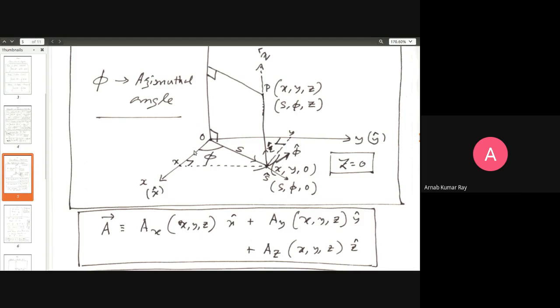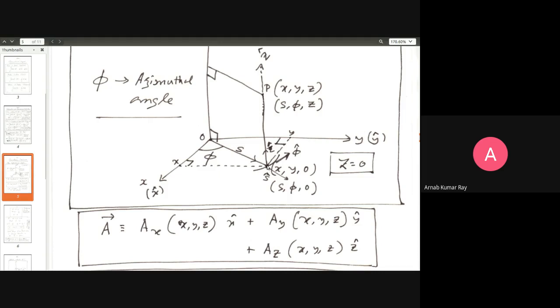So starting from this, this is 0, this is 90 degrees. So there you are. You have traveled along this path, a distance s, making an angle of 90 degrees with respect to the x-axis. So unless I specify phi, you will not be able to reach your point precisely.